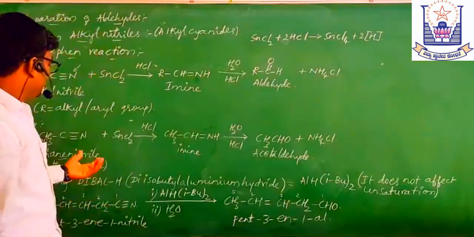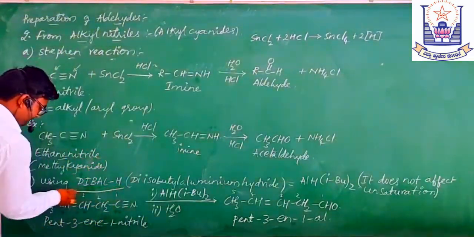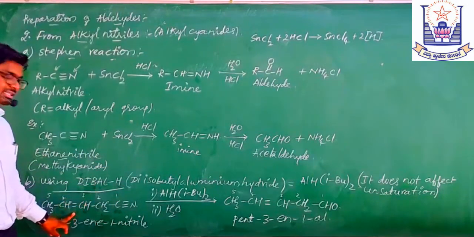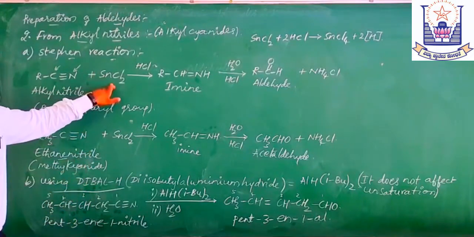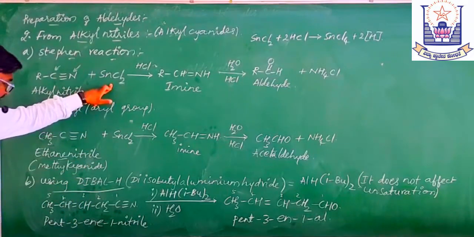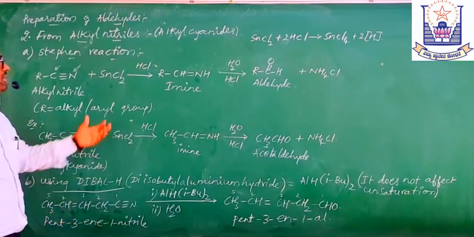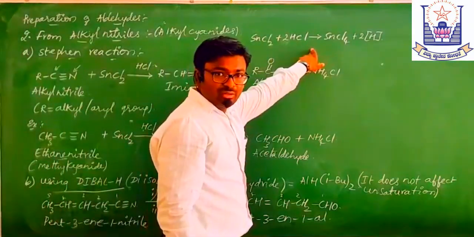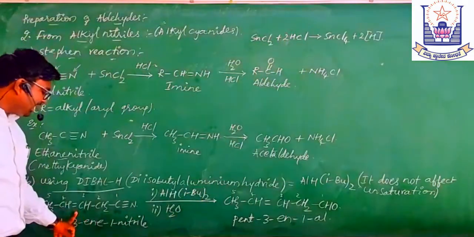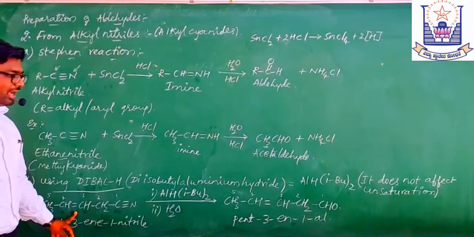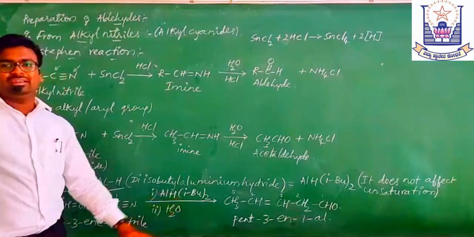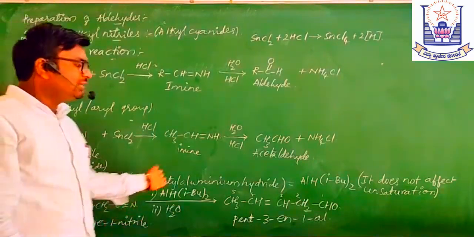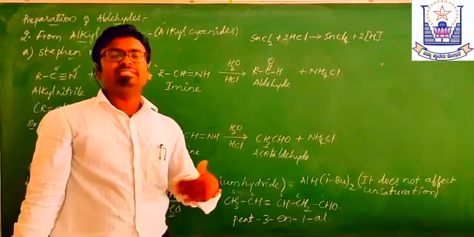Here, what is the significance or importance of DIBAL-H? When DIBAL-H is used, it does not affect the unsaturation. If you use Stephen reduction, it will affect this unsaturation. By treating the nitrile with tin chloride and HCl, you get nascent hydrogen. That nascent hydrogen will definitely add on to the unsaturation, and you will get the alkane nitrile, and later it will give the saturated aldehyde.